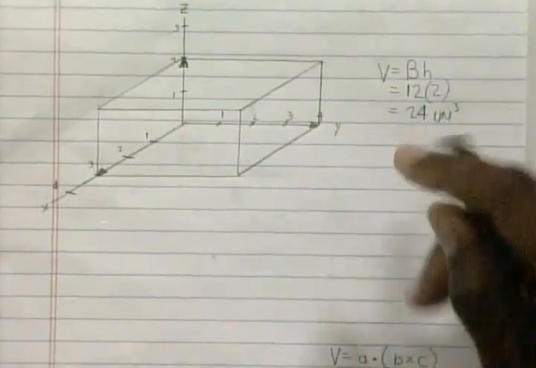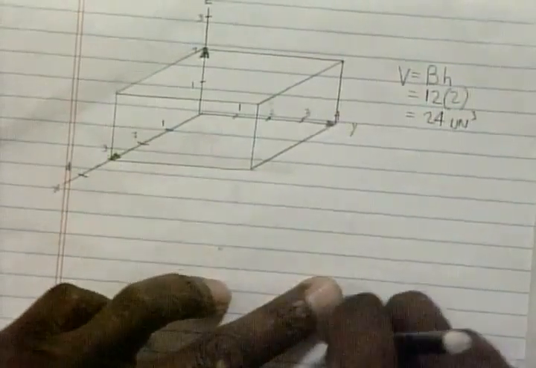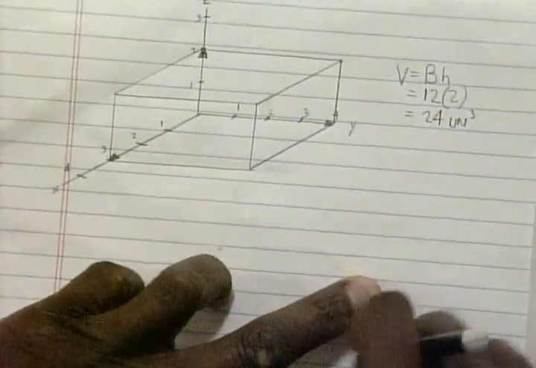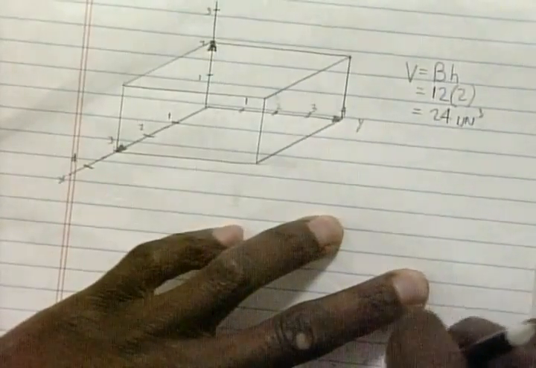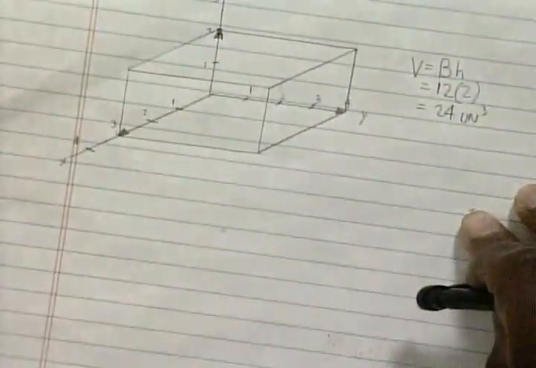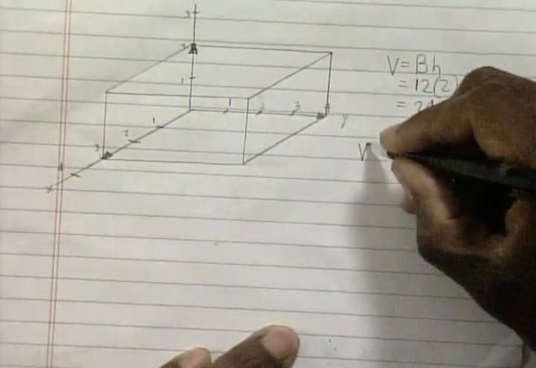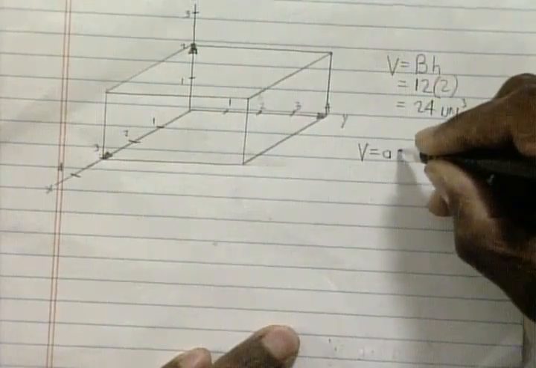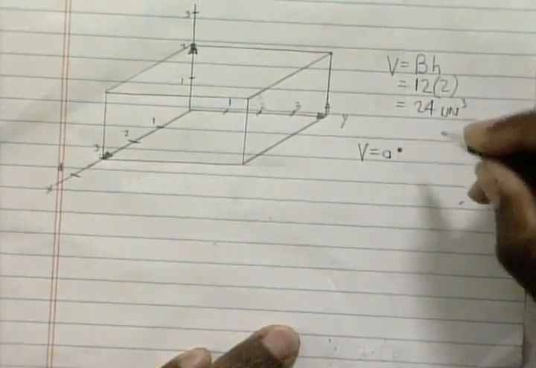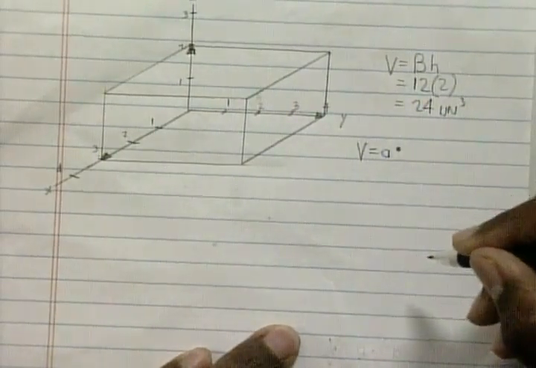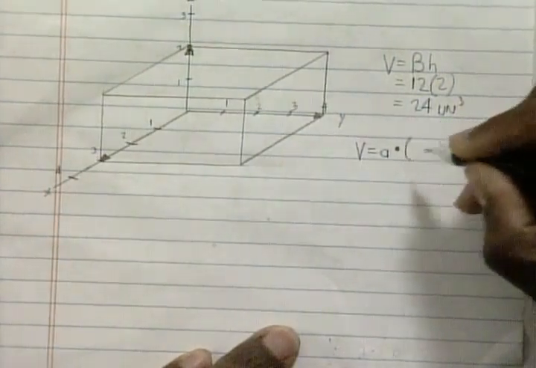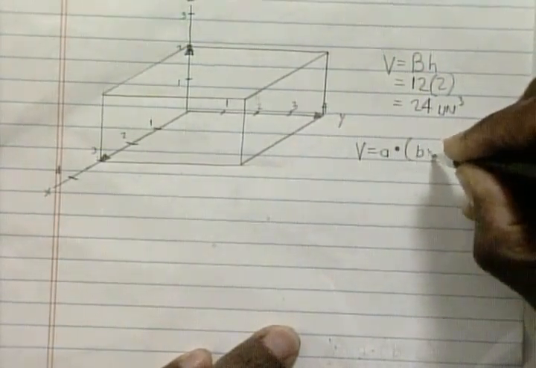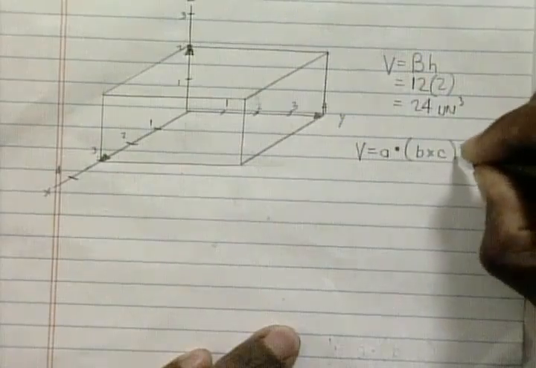The way you could find the same volume is using a formula, more of a linear algebra technique. Volume is equal to the dot product of vector A times the cross product of vectors B and C.